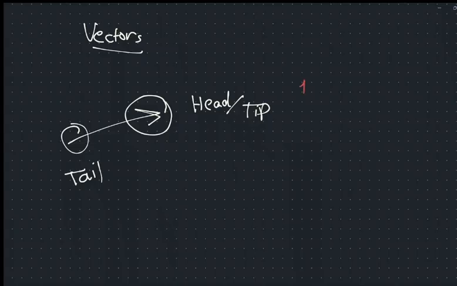The magnitude is represented by the length of the vector itself. The second thing they represent is direction, and the direction is where the head or the tip points.